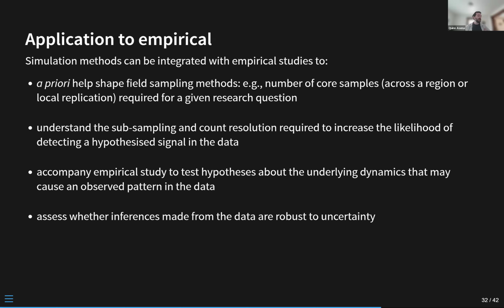We found that principal curves actually represented long-term system trajectories pretty well. So maybe we don't need to focus really heavily on our proxy count resolution or our subsampling resolution. And we do want to, say, replicate our cores in space, because then we can recreate that long-term system trajectory.